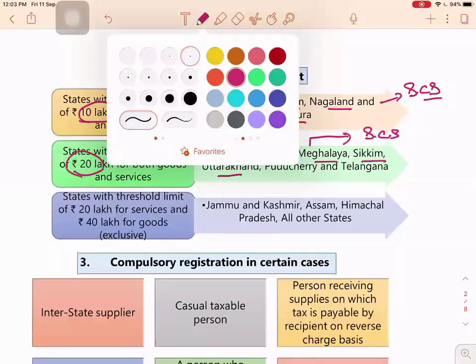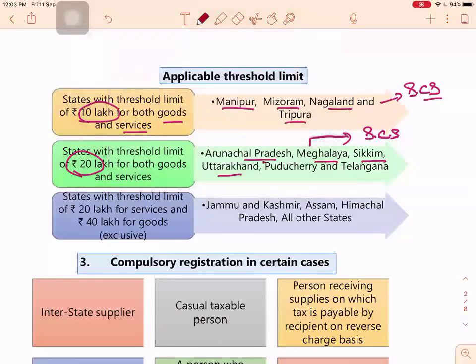And these two, even though they are non-special category states, for them also the registration limit is 20 lakhs, whether for goods or for services.